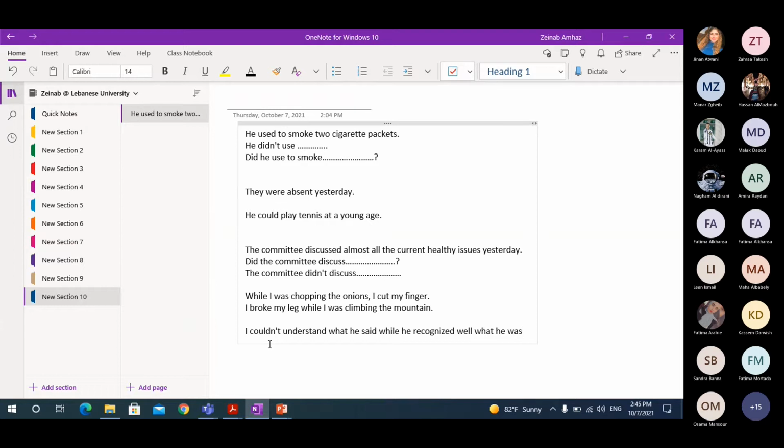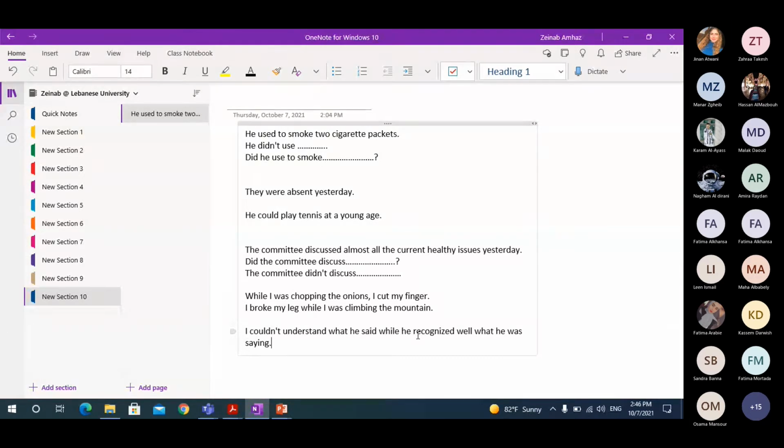Look, I used while, but because recognize, remember, is one of the non-progressive verbs. I used while, but can I put it in the continuous? No. Okay? Is it clear?